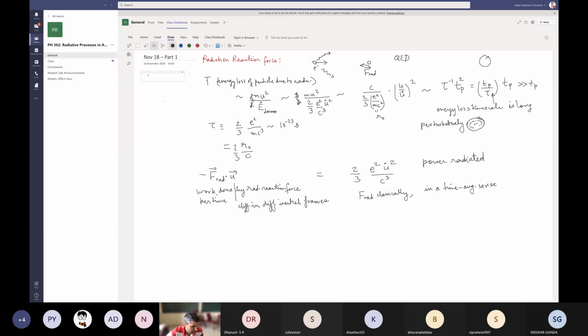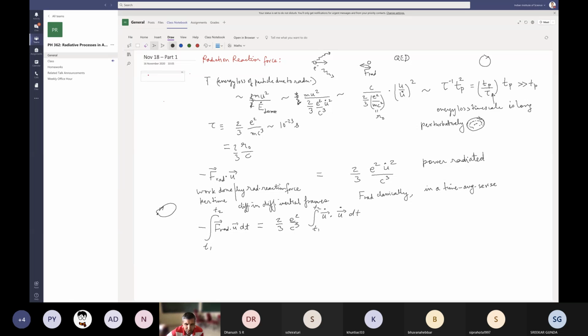In the sense that if you consider some integral like this from time t1 to t2, this is the total work done by the particle in its motion, some periodic motion we can assume. This is equal to 2/3 e squared by c cubed integral u dot u dot dt, right?